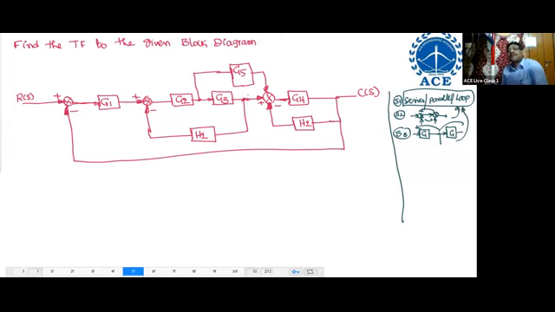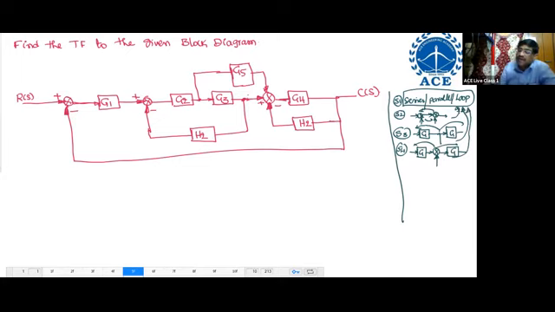If even shifting take-off and block gain is not possible, next you have to go for block gain with summing points. We shift this block gain with the summing points such that you get any one of series, parallel and loop combinations.